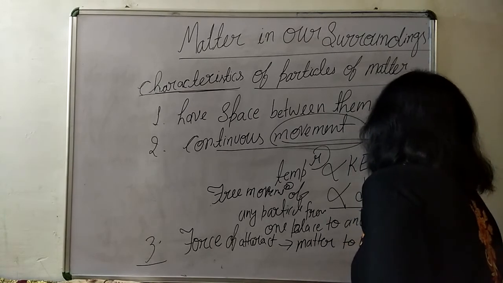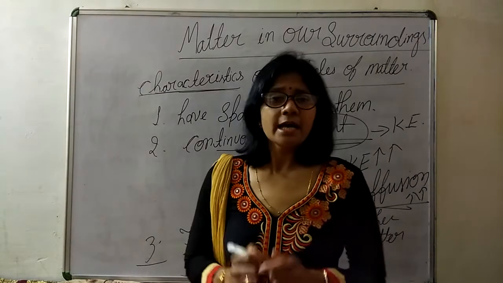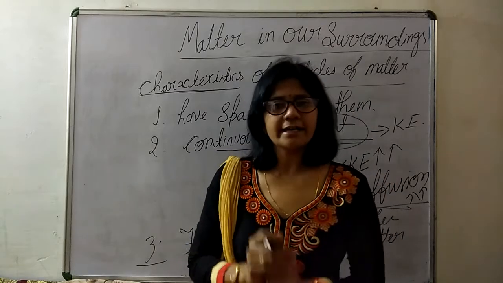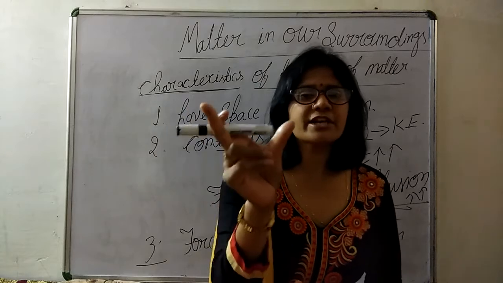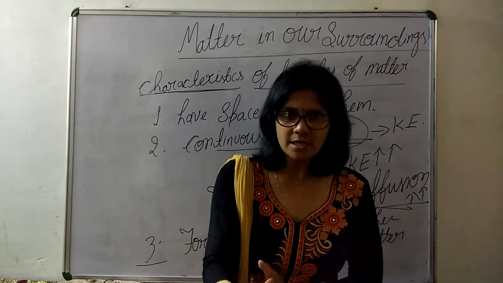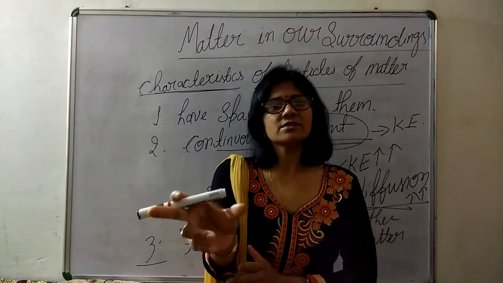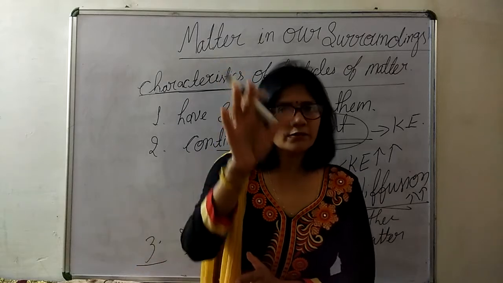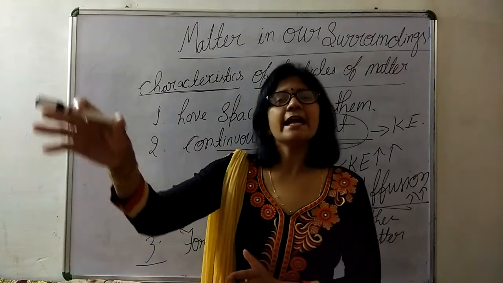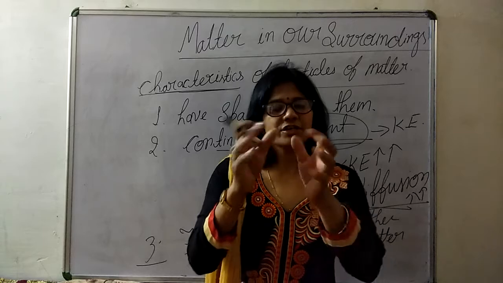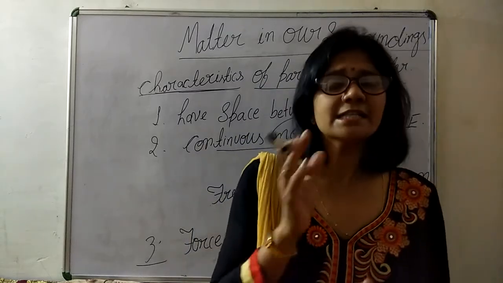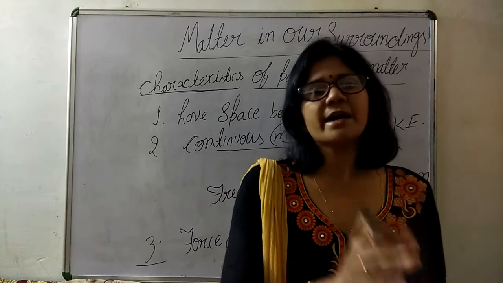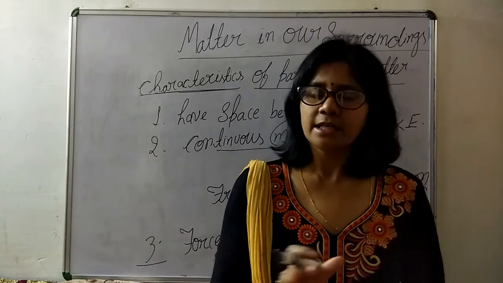For example, in iron, water and air, the force of attraction in iron is very high. In comparison, in water the force of attraction is a little less, and in air the force of attraction is very little. But there is a force of attraction between the particles, with the help of which the particles make the matter.